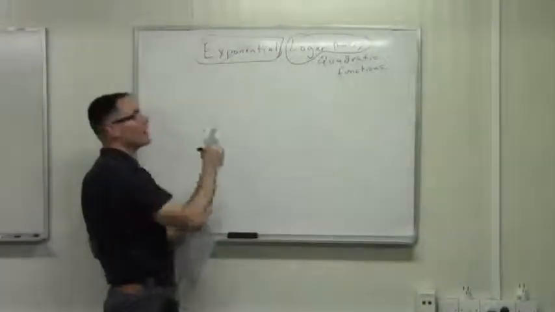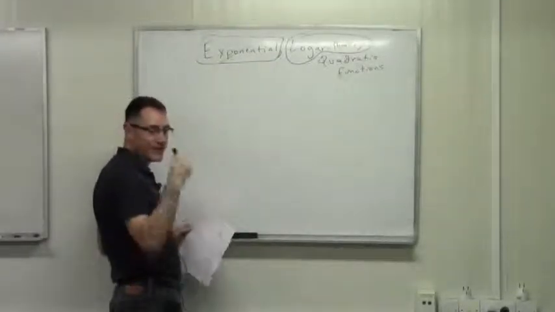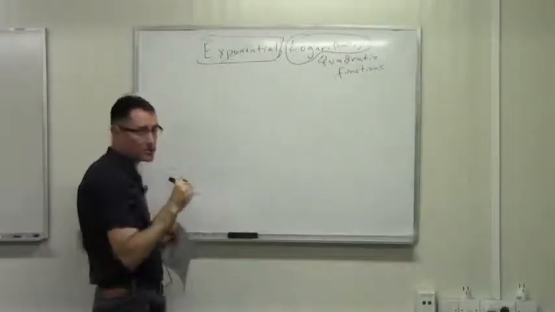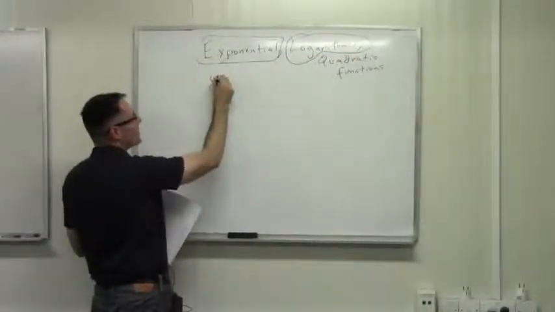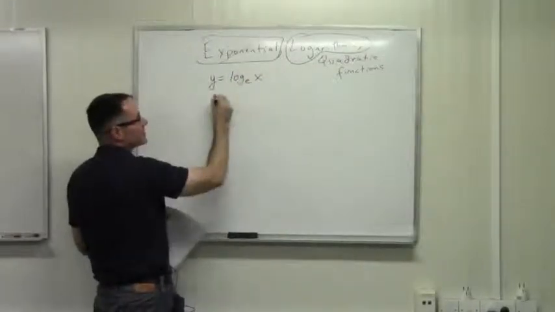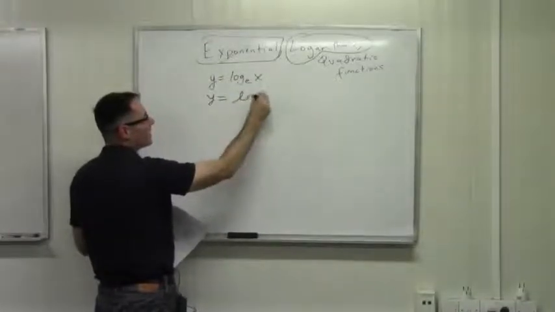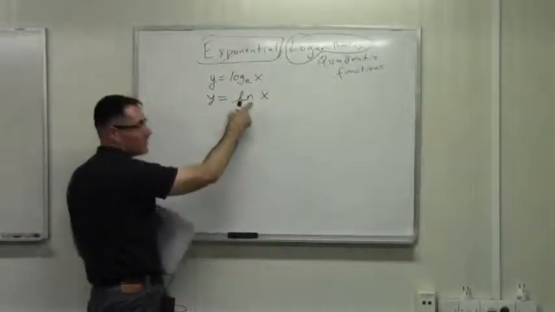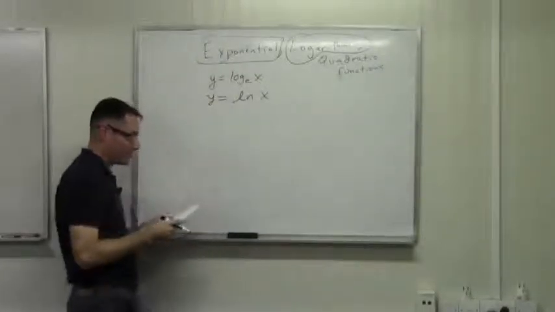The base e gives you the natural logarithm, which is ln. So if you have y equals log base e of x, that's the exact same thing as saying y equals ln of x, the natural logarithm of x. You just don't worry about the e in there, and you have a button on your calculator that does it.